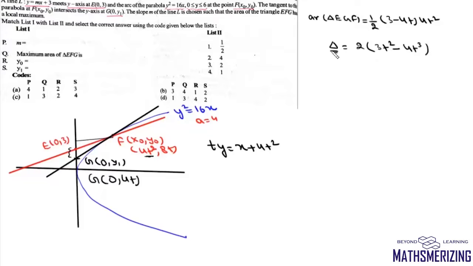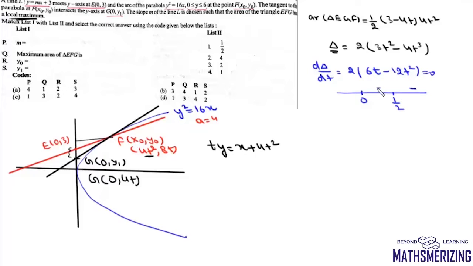Now we need to maximize this area. So we'll differentiate. We'll get d delta upon dt, so it'll be 2 and then (6t minus 12t square) is equal to 0. So we'll get the value of t as either 0 or 1 by 2.